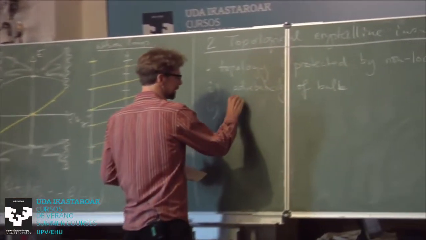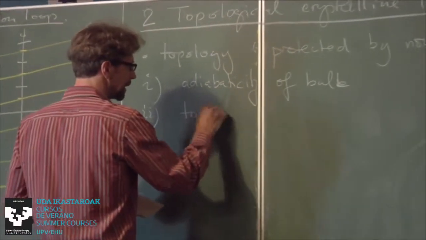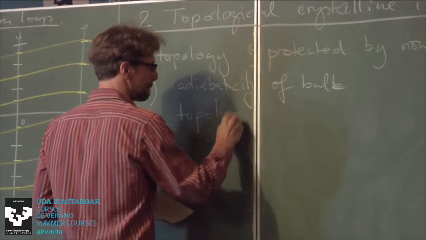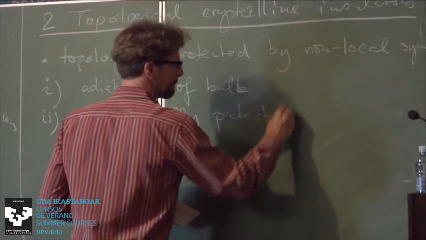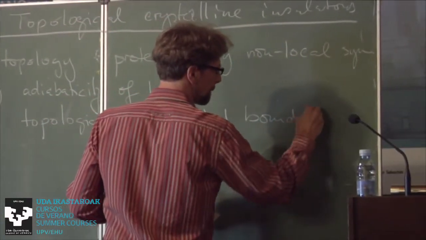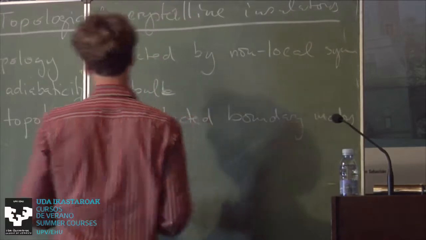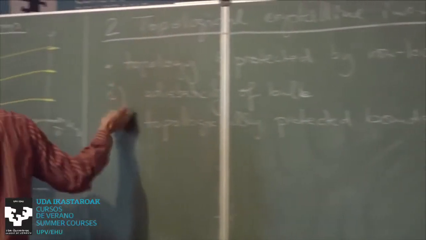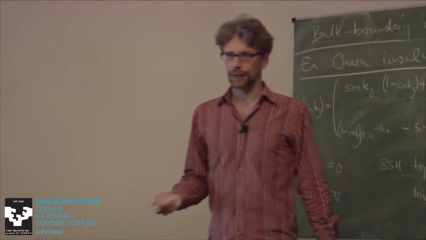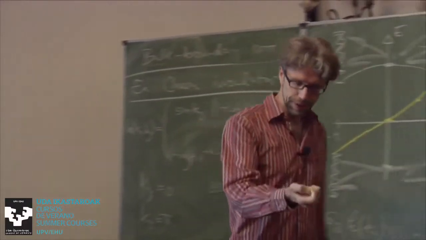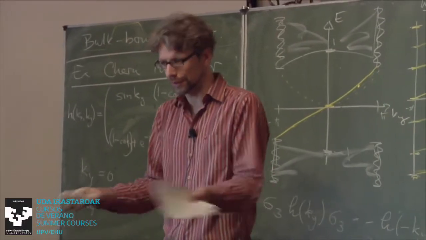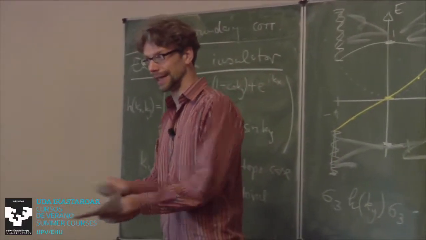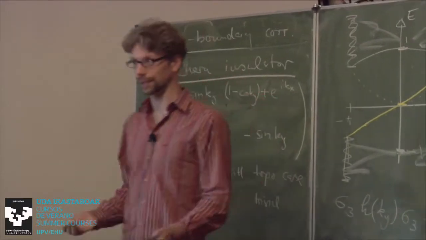So the other question is, can we have topologically protected boundary modes? An example that these are not the same, we have already seen in the Su-Schrieffer-Heeger case, where inversion symmetry, we said, distinguishes the polarization 1/2 case from the polarization 0 case, and there's no way to interpolate between the two, obviously, because 1/2 and 0 are different, and we cannot change 1/2 into 0 without breaking the inversion symmetry.